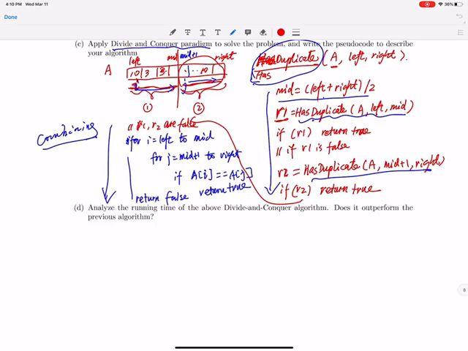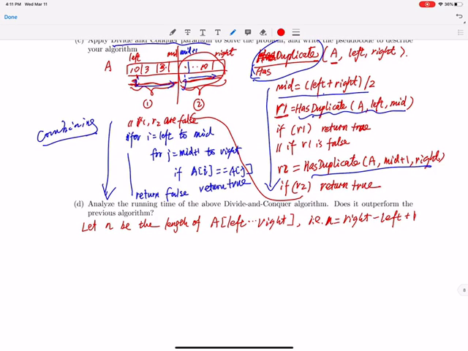So we need to say, okay, let n be the length of list A from left to right, which is really given by n equals right index minus left plus 1. From now on, whenever we talk about n, you should know it can be calculated by using the two indices this way.